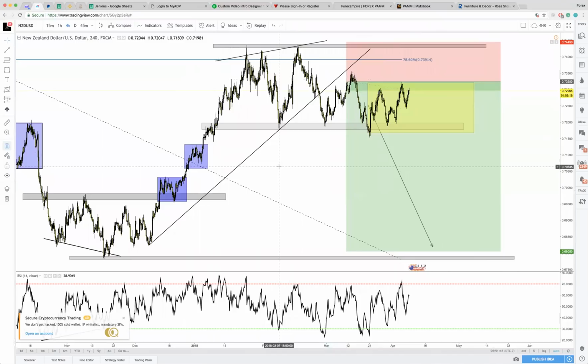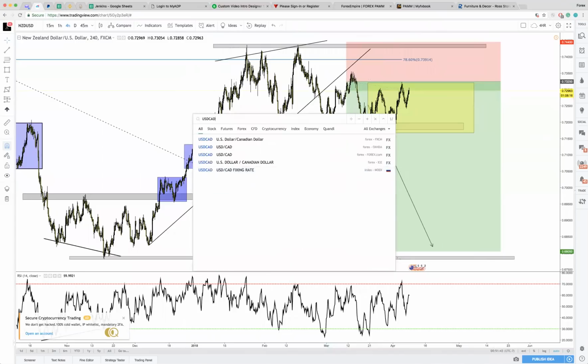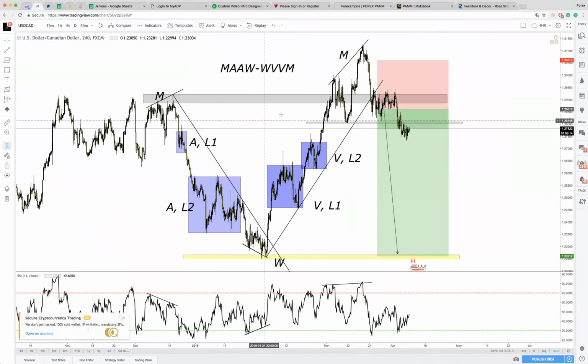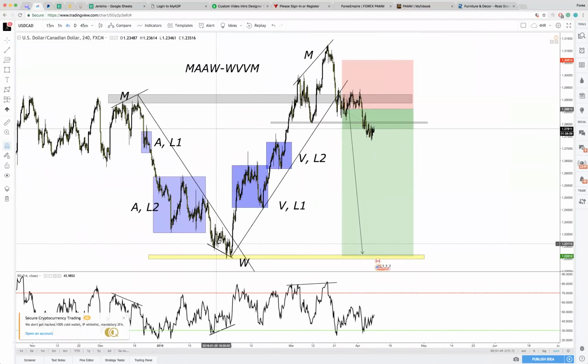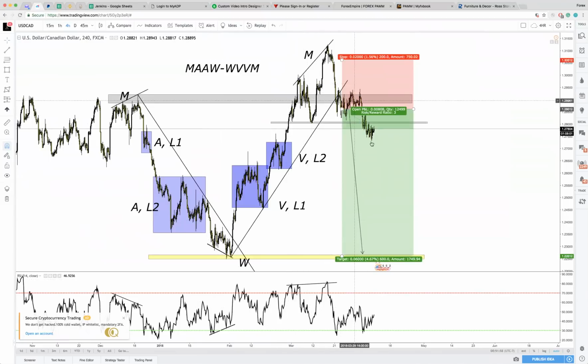Now we got USD CAD. All right, almost done. USD CAD. Remember last week I called out this trade: M level 1, level 2, a nice W level 1, level 2, a nice M. It wasn't a nice M divergence, but at the trend line breakout, that's basically when we sold. So right about here, we sold it last week, and right now we're currently sitting on 83 pips.